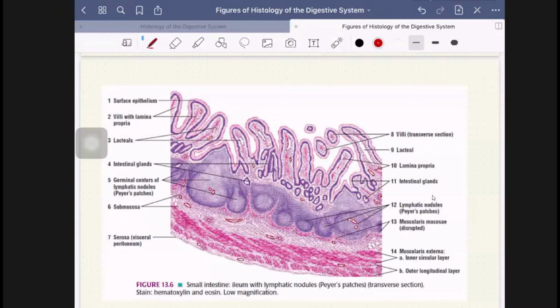So this is the structure of the ileum, and you can see here in the submucous layer the number of Peyer's patches or aggregated lymphatic nodules is much more. In the submucous layer of the ileum there will be no Brunner's glands. There will be numbers of Peyer's patches. The features of the lining epithelium are the same. There will be intestinal glands in the lamina propria. There will be villi.